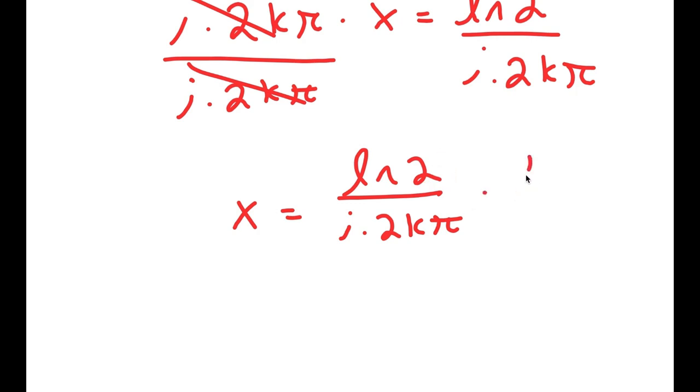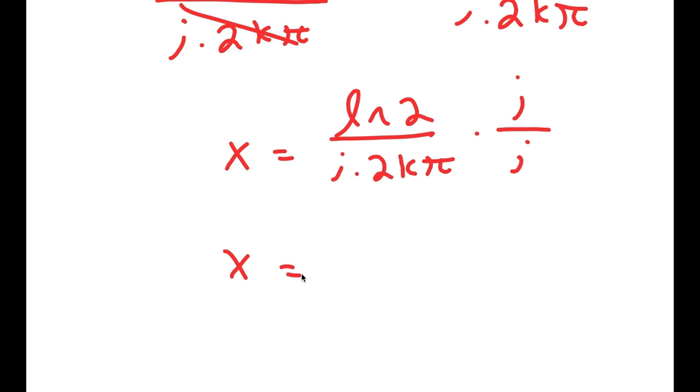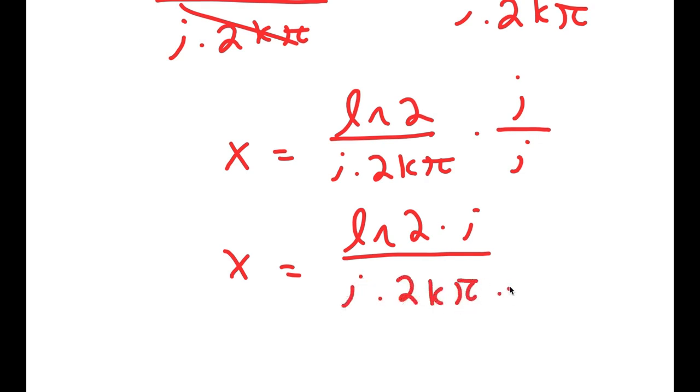Now I'm going to multiply both sides by i over i, which is equal to 1. So now I get x is equal to ln 2 times i over i times 2kπ times i.